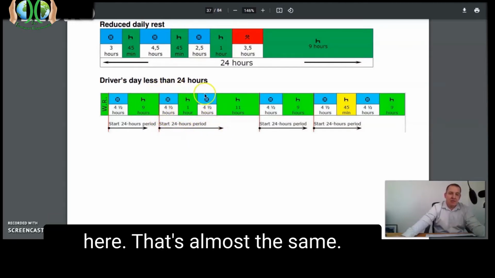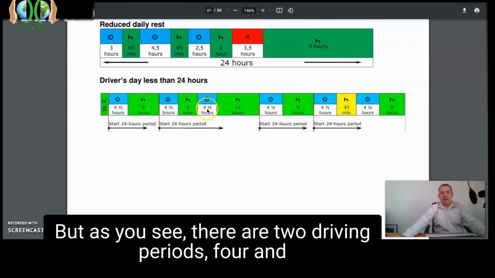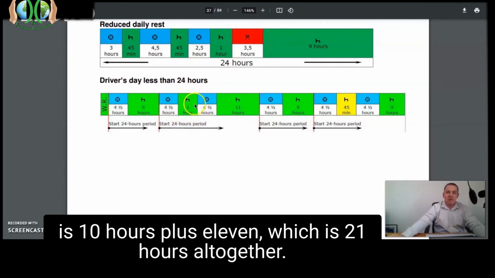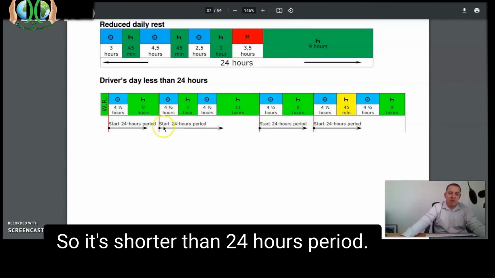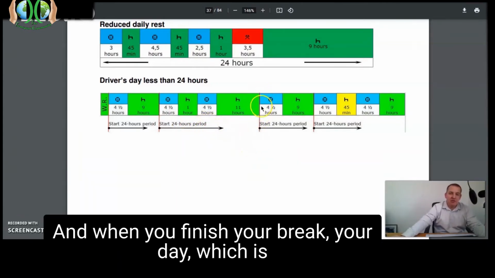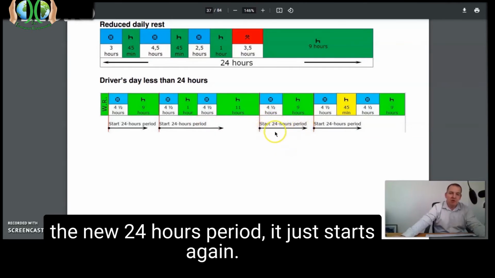Okay, that's almost the same, but as you see, there are two driving periods, 4.5 and 4.5, which is 9 hours, and a 1 hour break, which is 10 hours, plus 11, which is 21 hours altogether, so it's shorter than a 24 hours period. Of course, you can do that, and when you finish your break, your day, which is the new 24 hours period, just starts again.